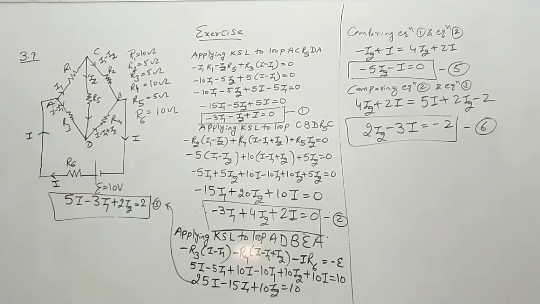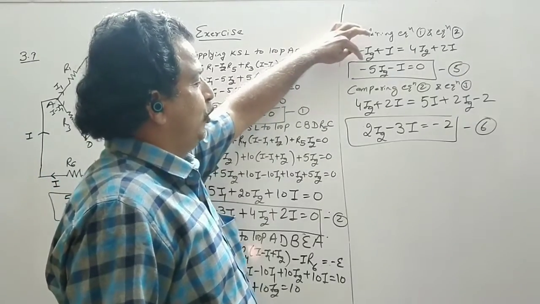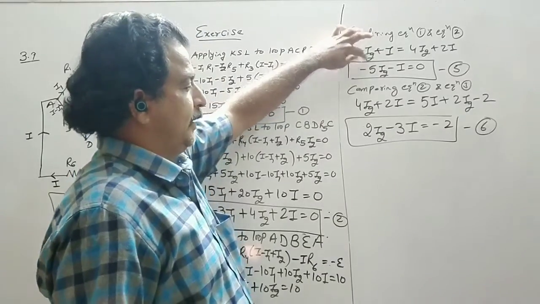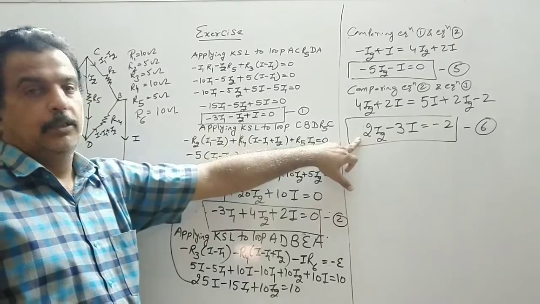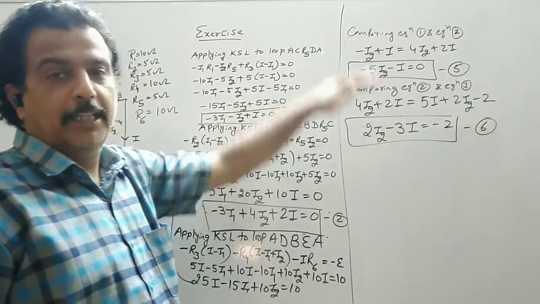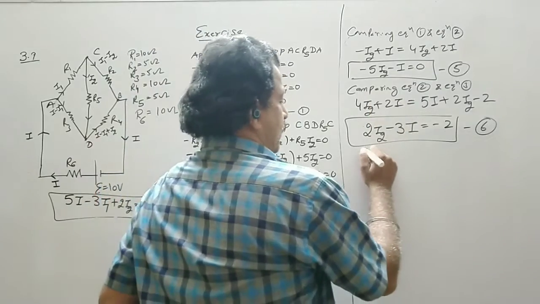So equating 1 and 2 and equating 2 and 3, we get these equations, that is minus 5I2 minus I equal to 0 and 2I2 minus 3I equal to minus 2. Now here I2 has a minus sign and here I2 is in plus sign. So we multiply this equation by 2 and this equation by 5, and then we add the equations so that we can find I2.